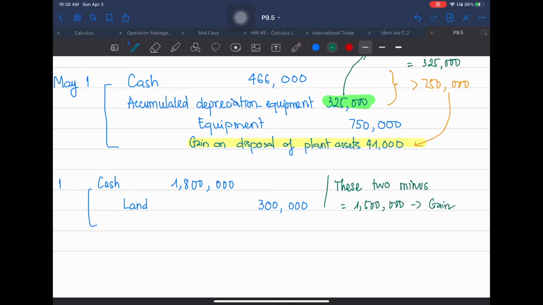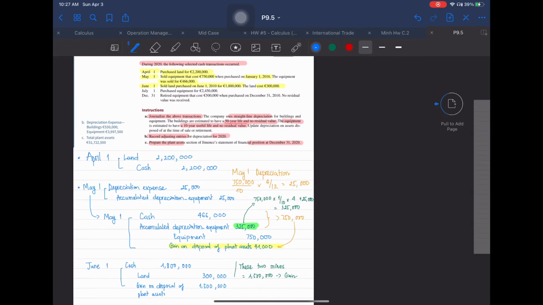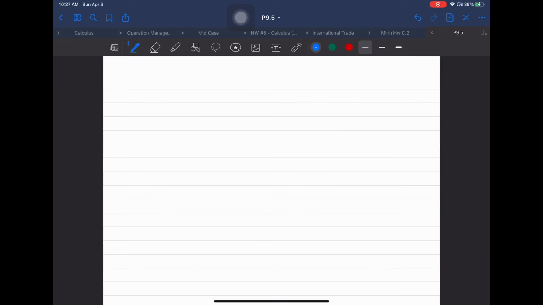So in here, there's no negative number. So we're going to gain on disposal of this plant asset, 1.5 million. So we just put on the account that's gain on disposal of plant assets. Remember this name. I know it's kind of long, but it's really important to let you see: are we gaining or losing?